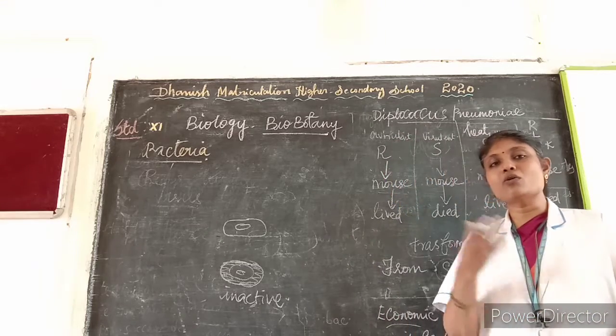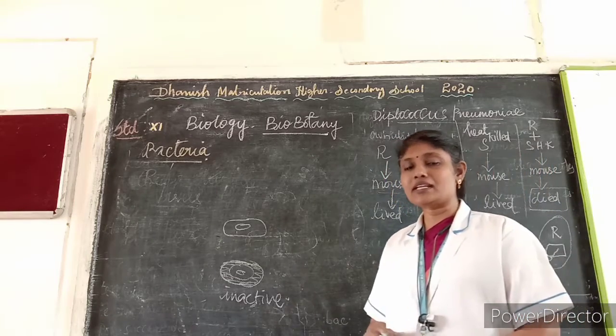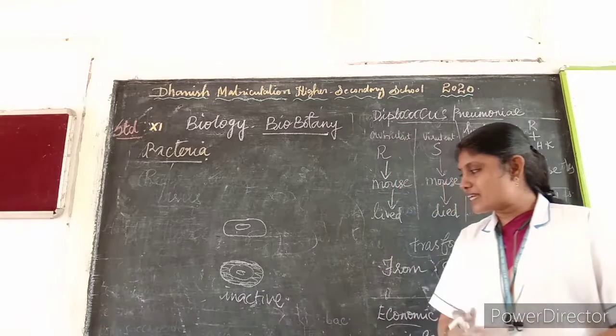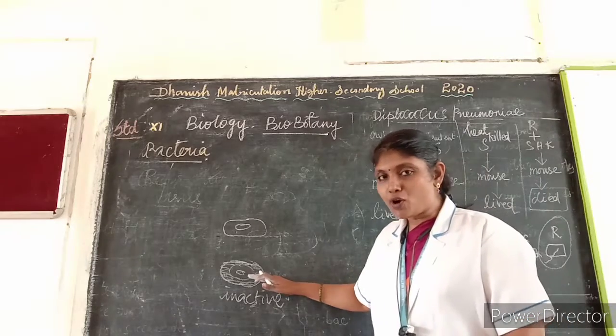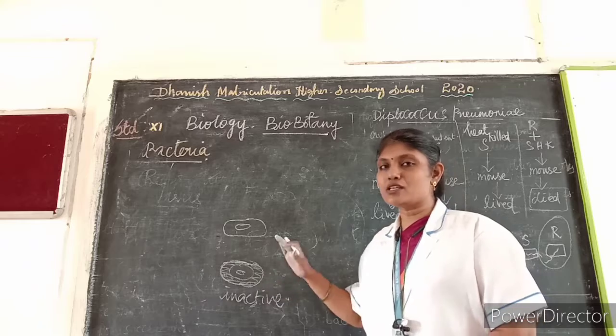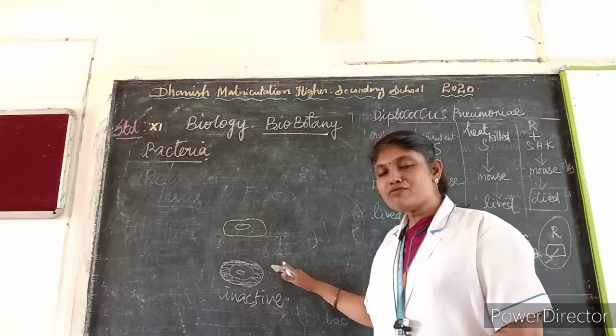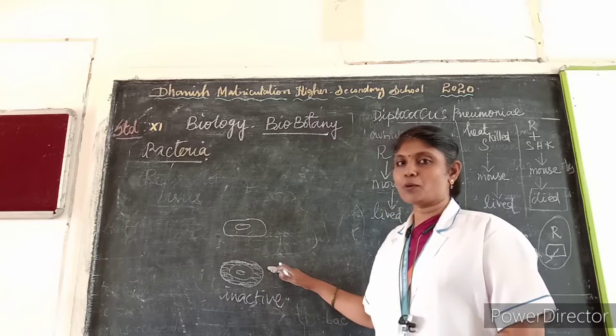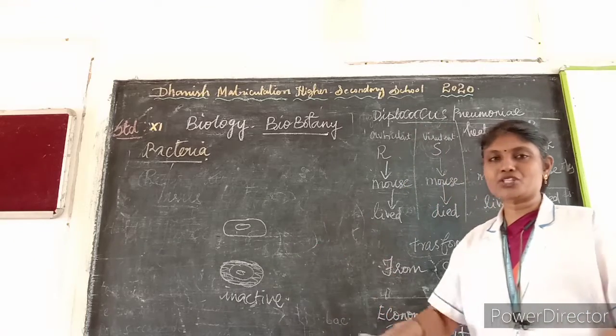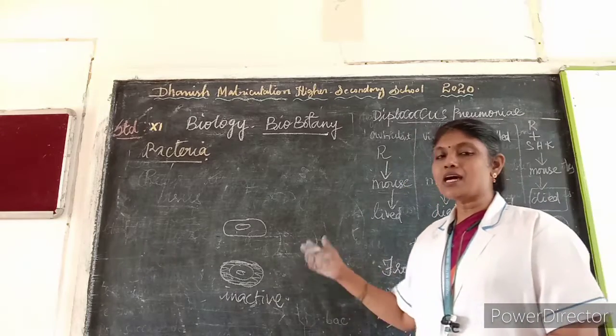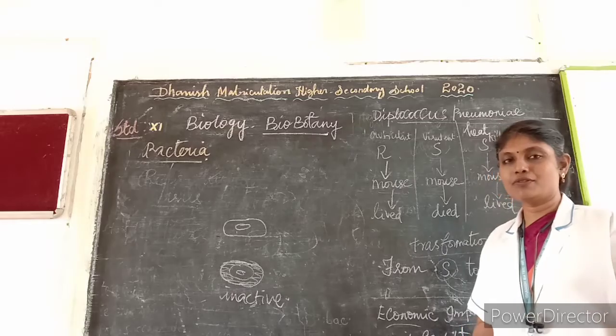Then it will start growing and cause a disease called tetanus. So why I am saying this is that the endospore of Clostridium is found in the soil in the inactive form. During favorable condition, it will start multiplying itself.